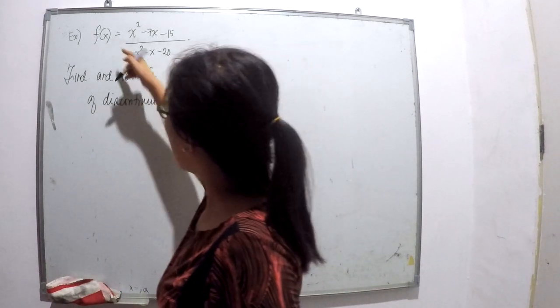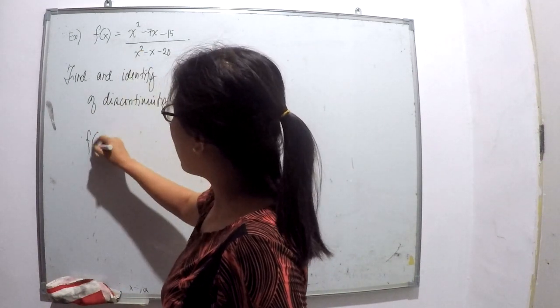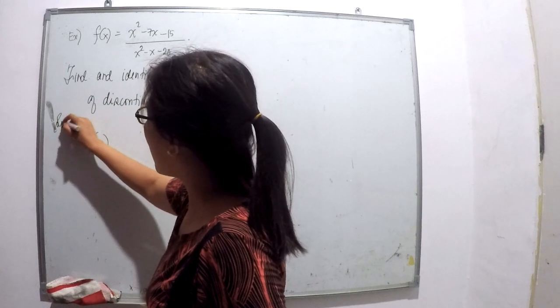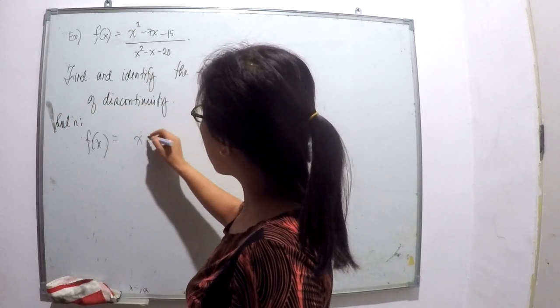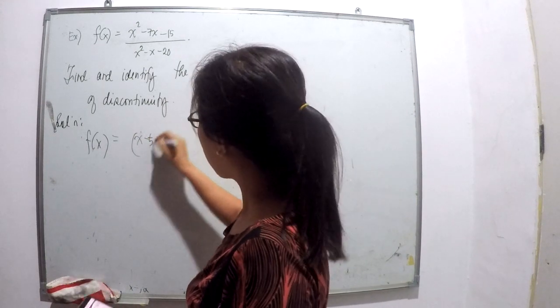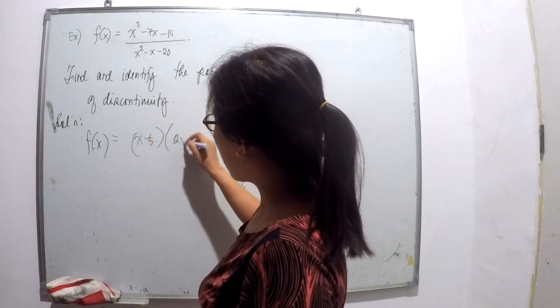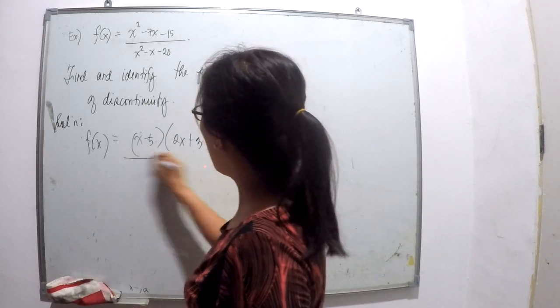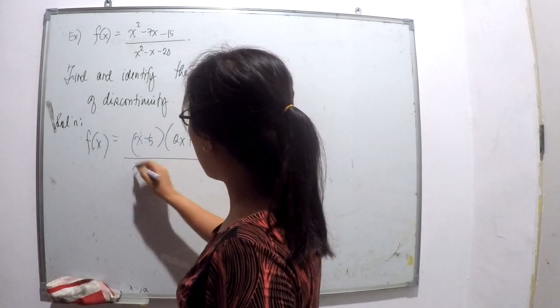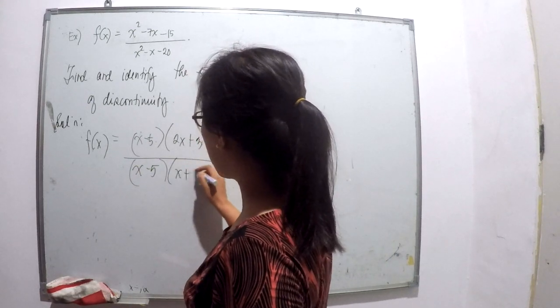So all we have to do is to factor out f of x. So we have the solution. f of x is equal to (x minus 5)(2x plus 3) over (x minus 5)(x plus 4).